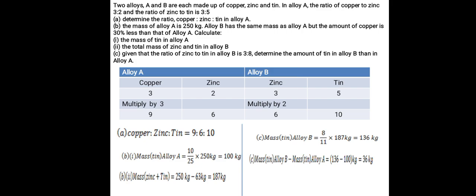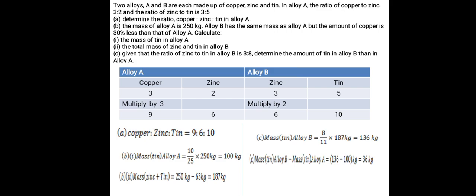Now, part C, you have been told the ratio of zinc to tin is 3 to 8. What is the amount of tin in that alloy? Remember, we have gotten that zinc and tin is 187.